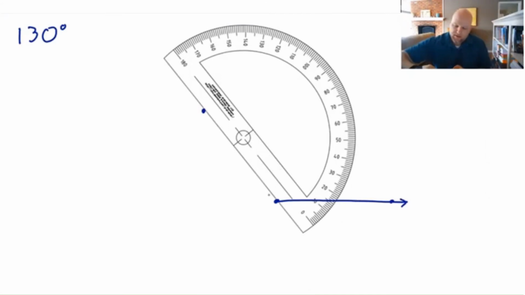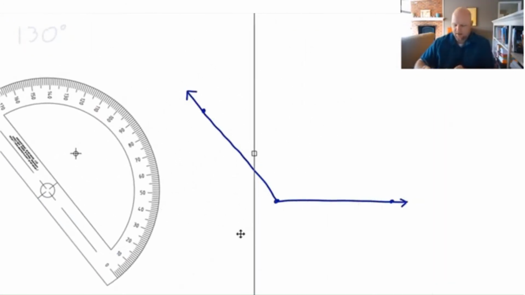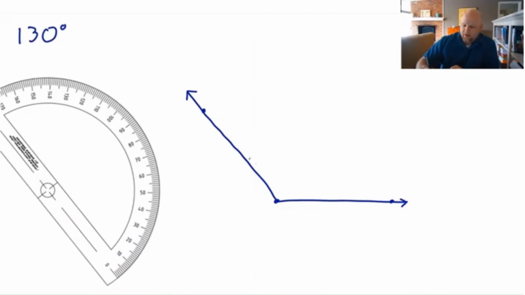Then we use that straight edge to draw another ray. Then we move our protractor out of the way, and we can see that our angle that is left is 130 degrees.